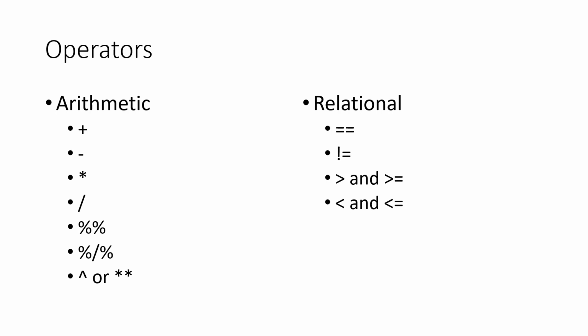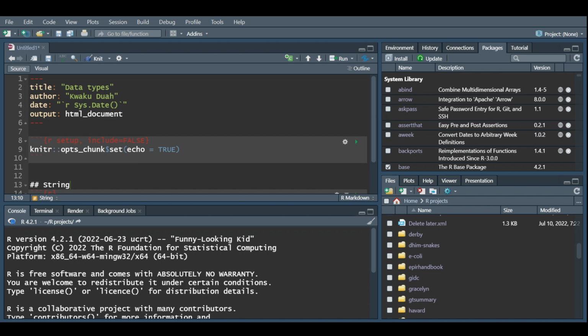You want to see if two things are not equal to. Then there is the greater than and greater than or equal to, and the less than and the less than or equal to. We will see how all of them work very soon. With this out of the way, we are going to switch to RStudio to have a little experiment to see how these things work for us.